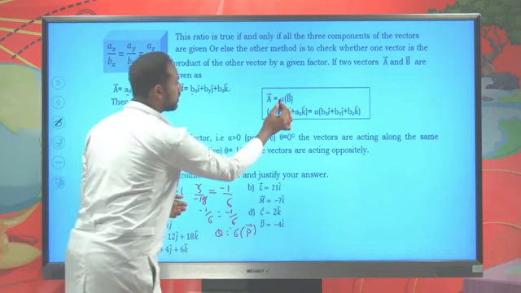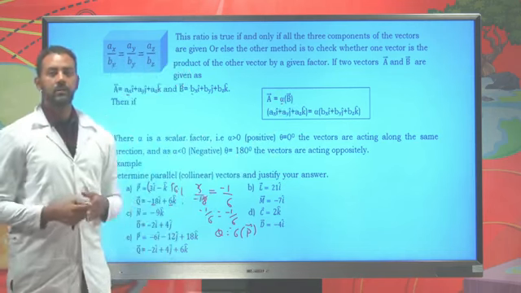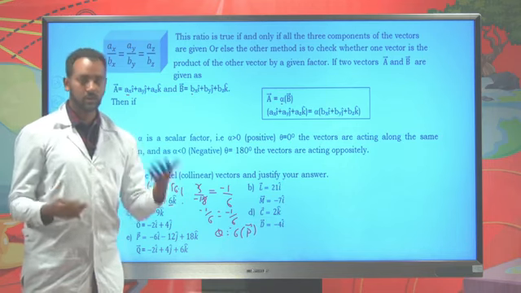It's possible to say that alpha times B can tell us whether the two vectors are parallel or not.